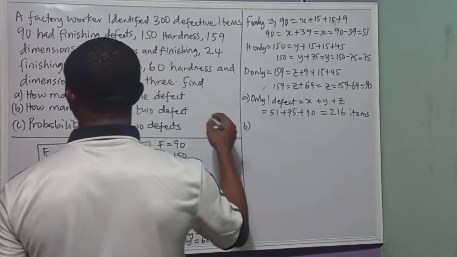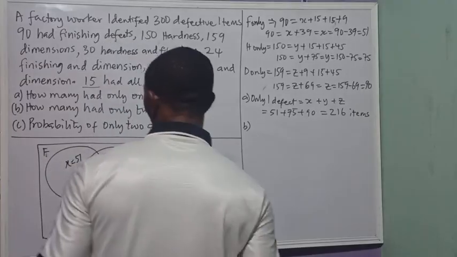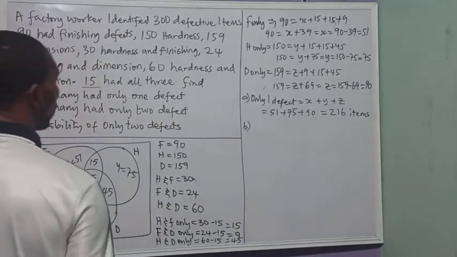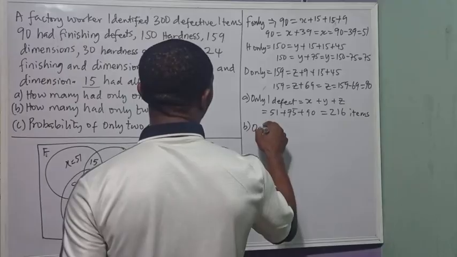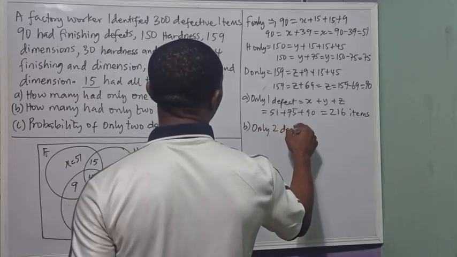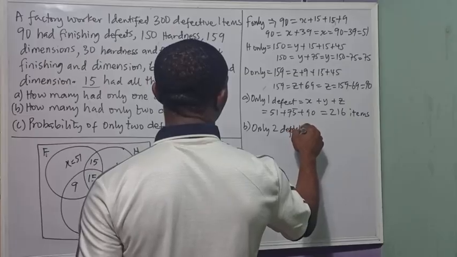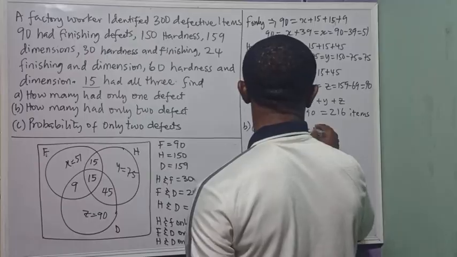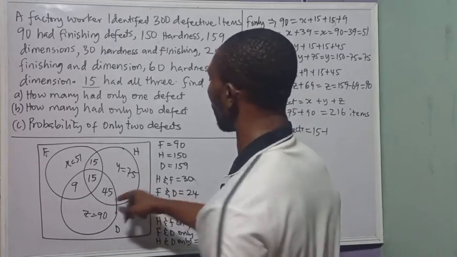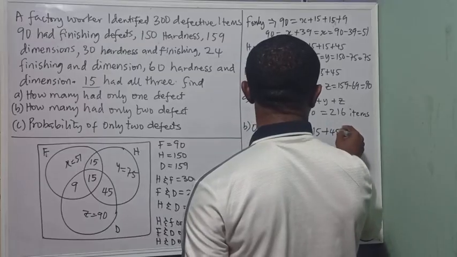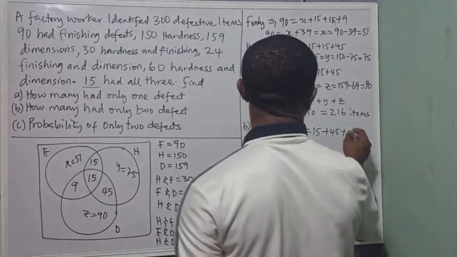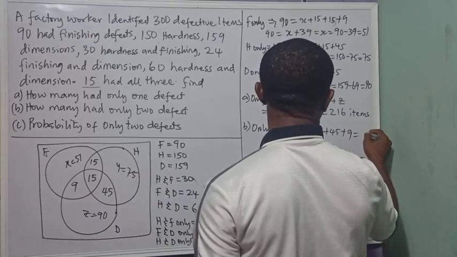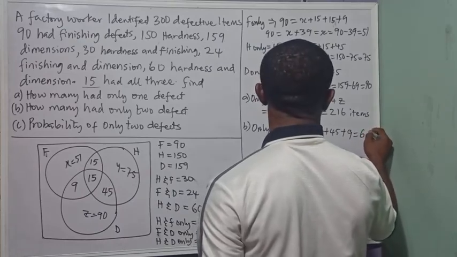Now, question B says only two defects. Only two defects we'll have as 15 plus 45 plus 9, which gives us 69.